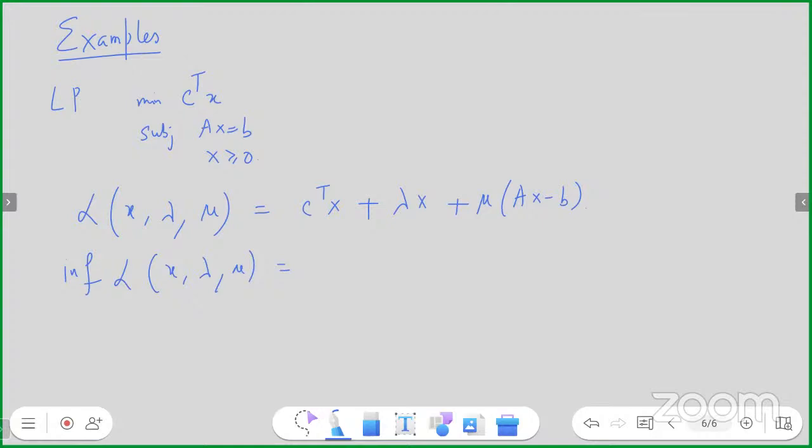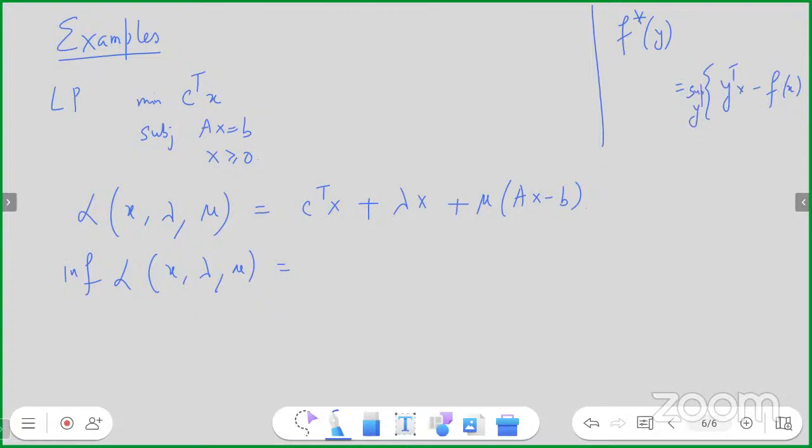What should I combine and say, okay, this is the conjugate of some function? Hopefully you remember the definition of f star of y: the sup over x of y transpose x minus f of x.